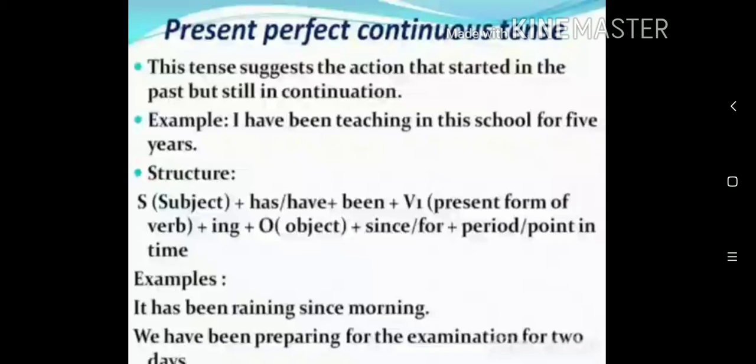The structure of present perfect continuous tense is subject, has, have, been, present form of verb plus ing, object, since or for, since where point in time is used and for where period is there. Examples: it has been raining since morning. We have been preparing for the examination for 2 days.